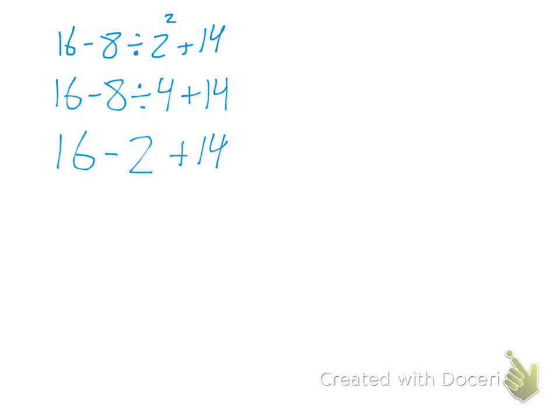That is step number 4. And at that point, you always work from left to right. So then you can do 16 minus 2 first, which is 14. Add 14 to it, and you get 28.